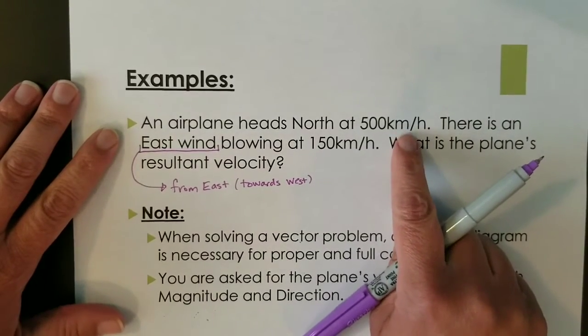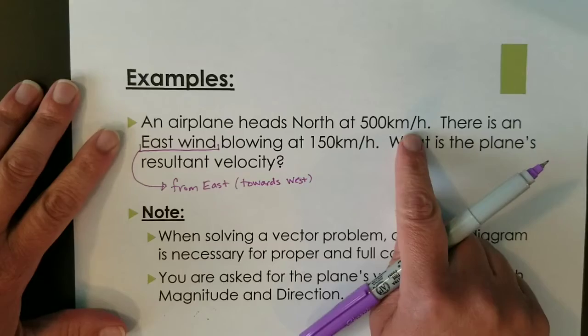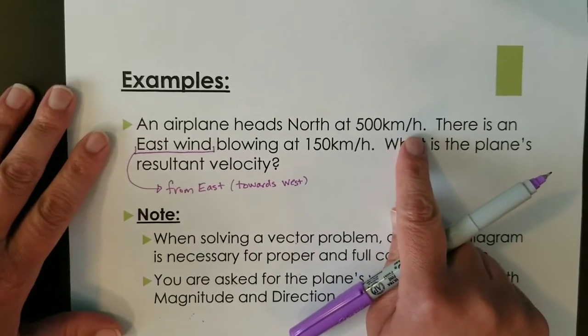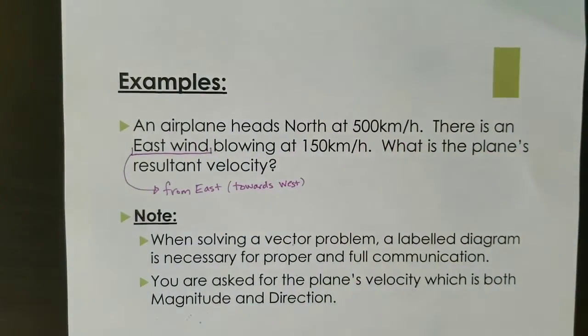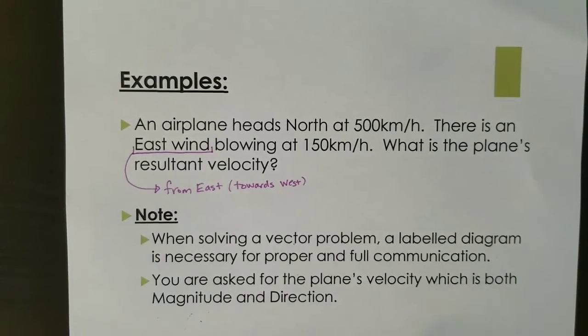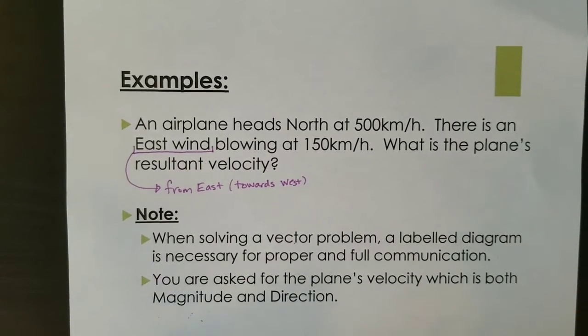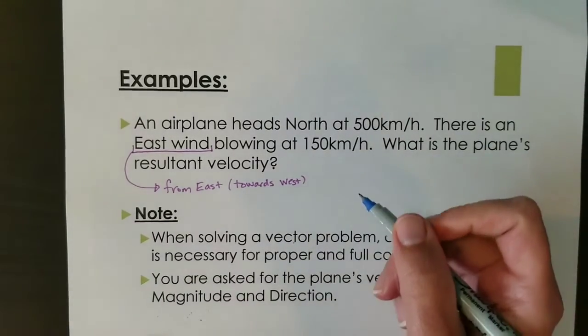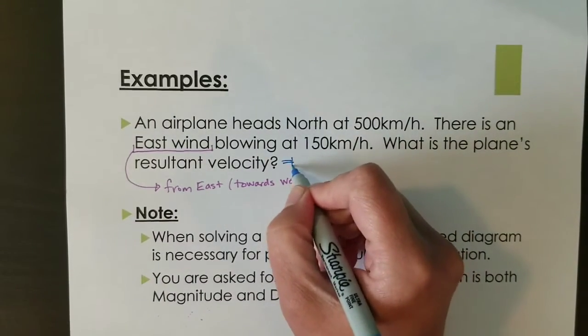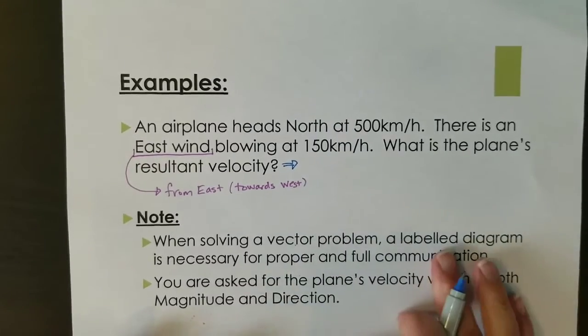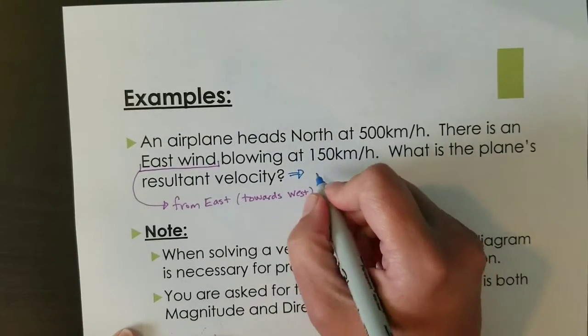This is the speed of the plane in still air. So if there is no wind at all, that's how fast that plane would be going. And the resultant velocity is the actual real life where and how fast the plane is moving.